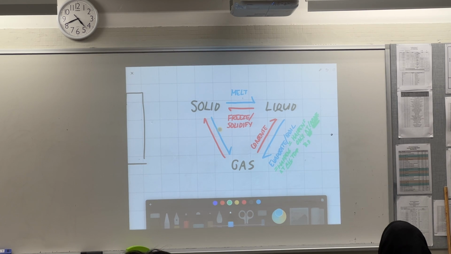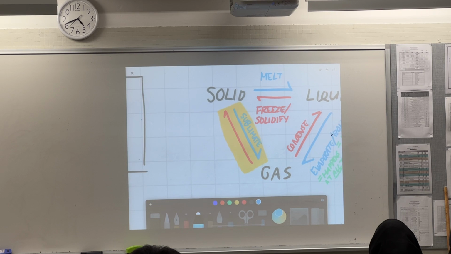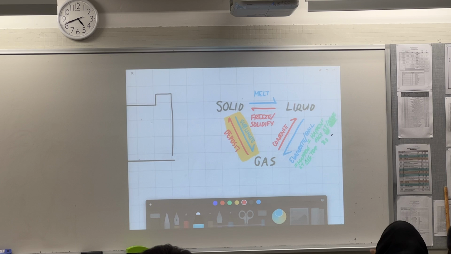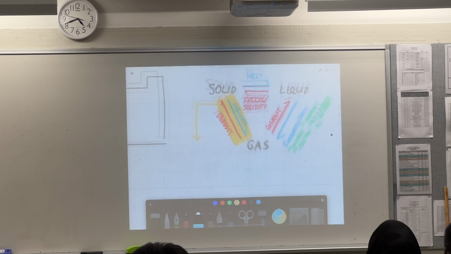And finally, this is tricky, so I wanted to highlight it. It is sublimation, from solid to gas. Sublimate: when things sublimate, they turn from solid to gas. The reverse process is deposition. There are two chemicals you must know in DSC that undergo this state change.